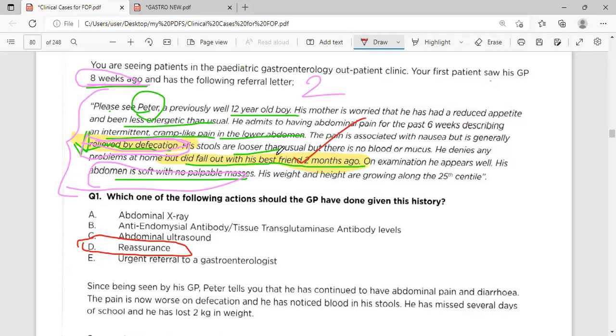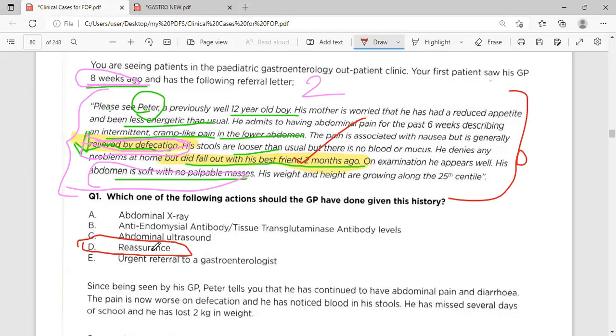Usually they will say the child's parents separated, or he was very close to his grandfather who died, or he's having some problems of bullying in the school, or problems with the best friend. This is the commonest history they give in exams. So this is one important history, that is an emotionally stressful situation. Our children usually, when they have exams approaching, will always have this functional abdominal pain.